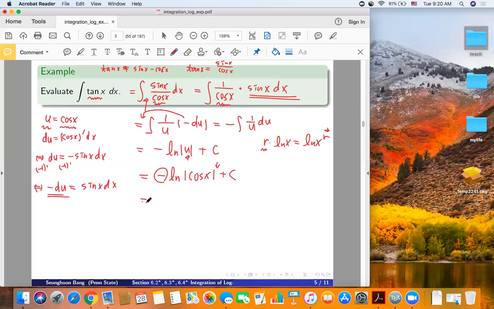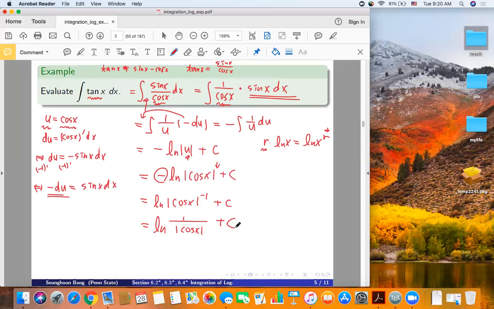So we have ln absolute value of cosine of x to the power -1 plus c. I want to change it to the positive exponent, 1 over absolute value of cosine of x plus c.